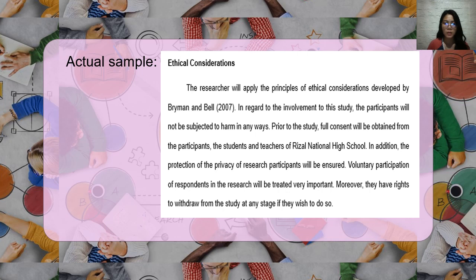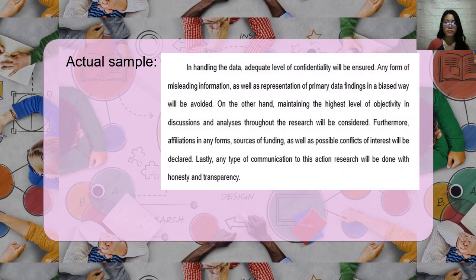Voluntary participation of respondents in the research will be treated as very important. Moreover, they have rights to withdraw from the study at any stage if they wish to do so. In handling the data, adequate level of confidentiality will be ensured. Any form of misleading information, as well as the representation of primary data findings in a biased way, will be avoided.